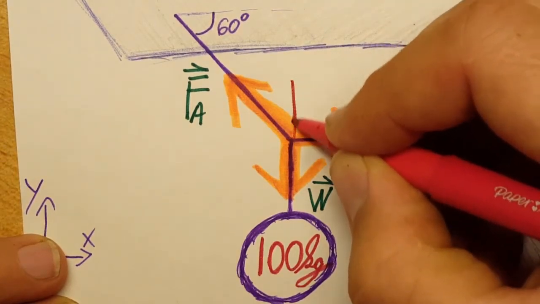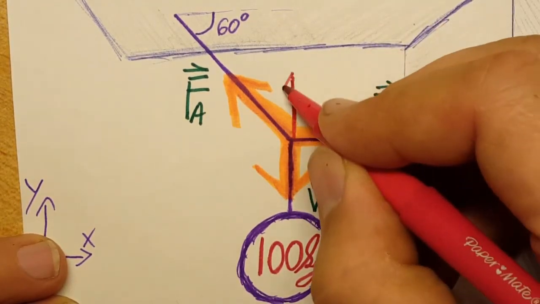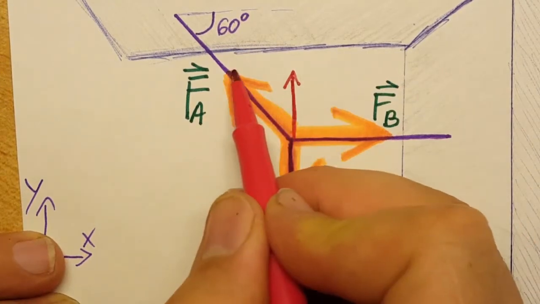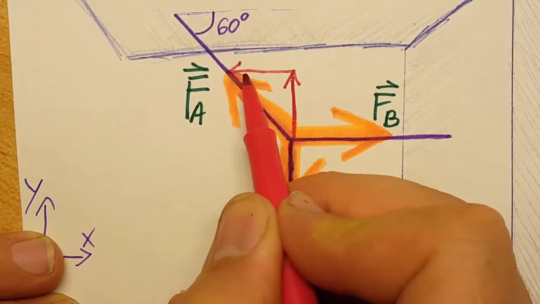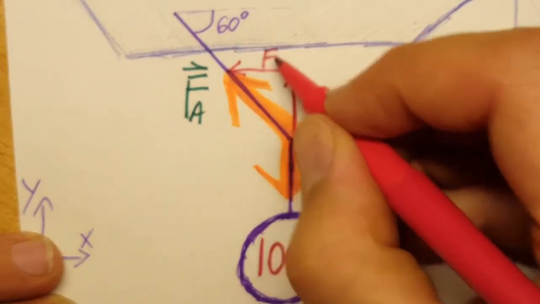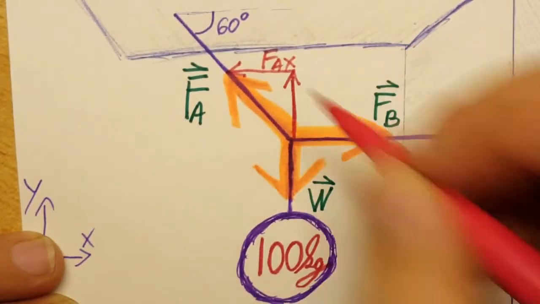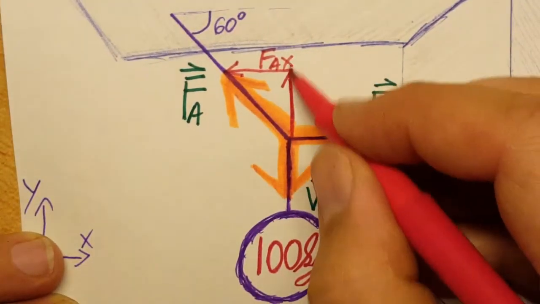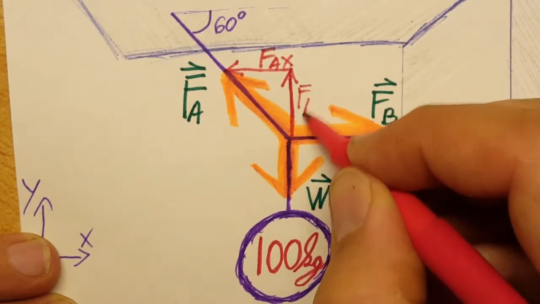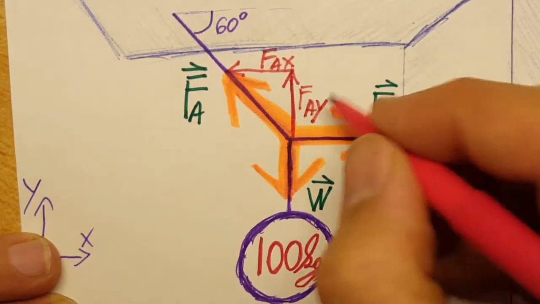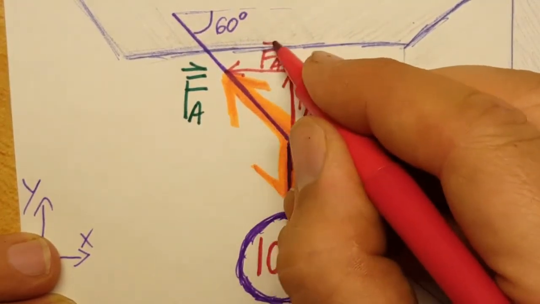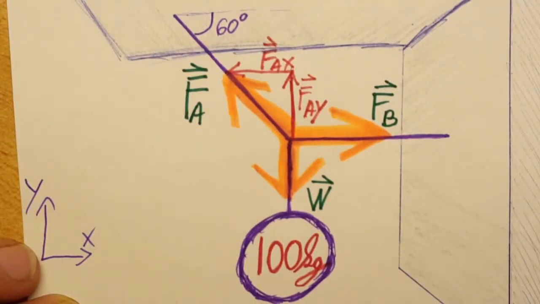So we're gonna have this component, and we're gonna have this component. We're gonna call this FAX. We're gonna call this one FAY. And these are vectors, so let's put the little arrow on top of them.